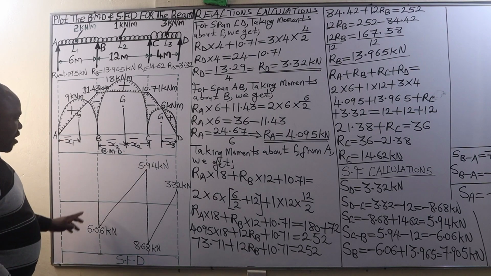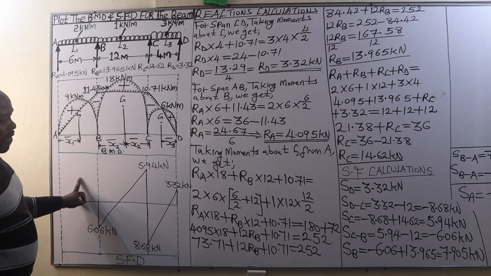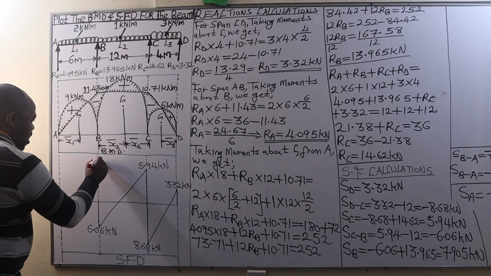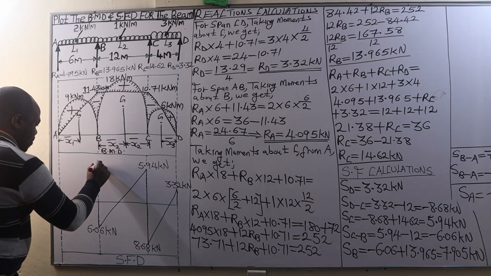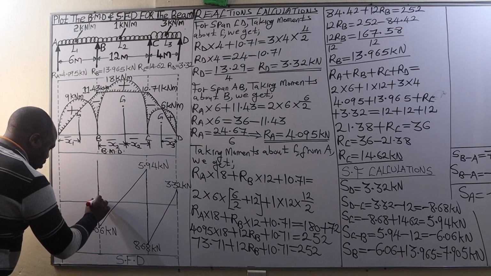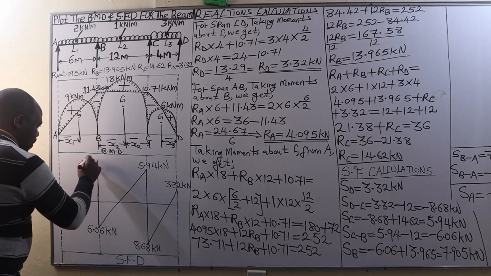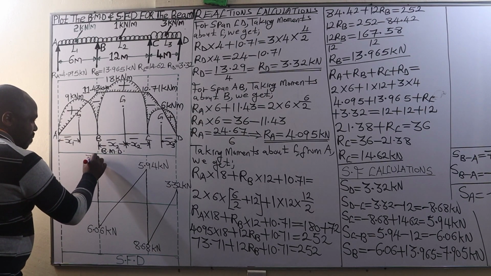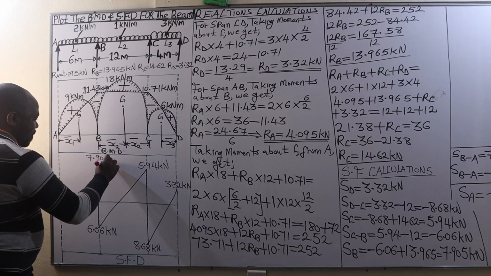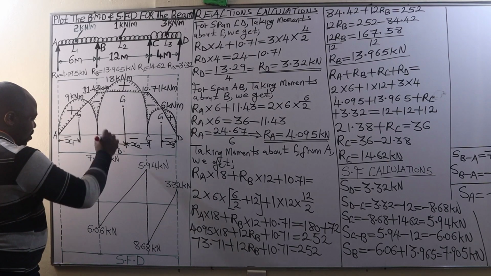Then the shear force at B, that is 7.905. Highest point here, so that we get a space to write. So we are going to join it to the horizontal line. So this is 7.905 kilonewtons.